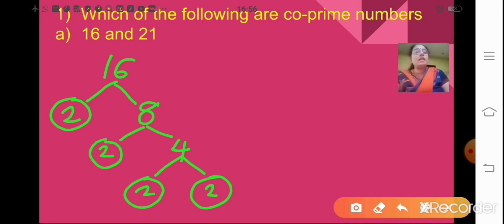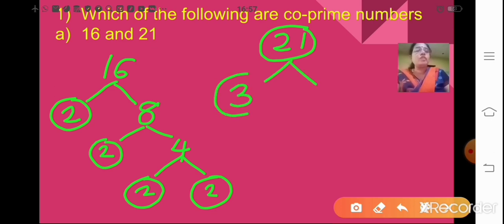Now let us take the number 21. The number 21 is not divisible by 2 because the number in the ones place is an odd number. So we can start with the next prime number, that is 3. Now 3 how many times is 21? 7.